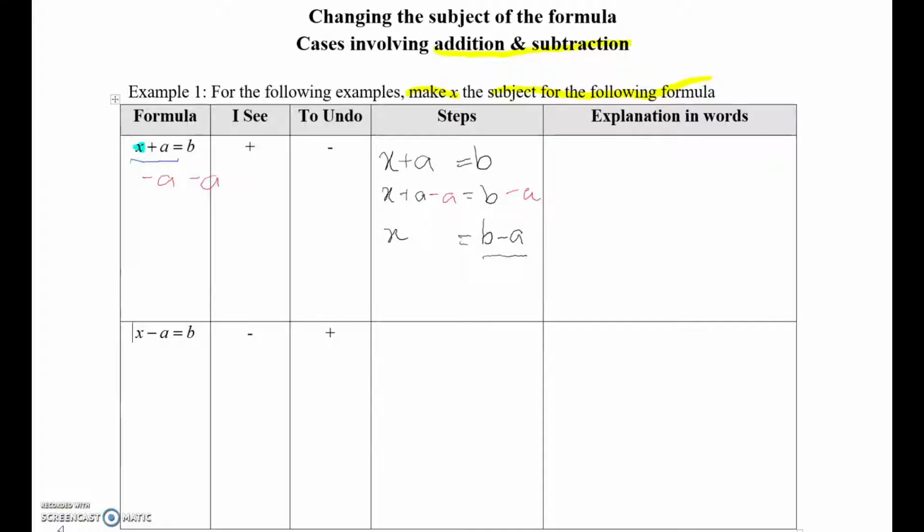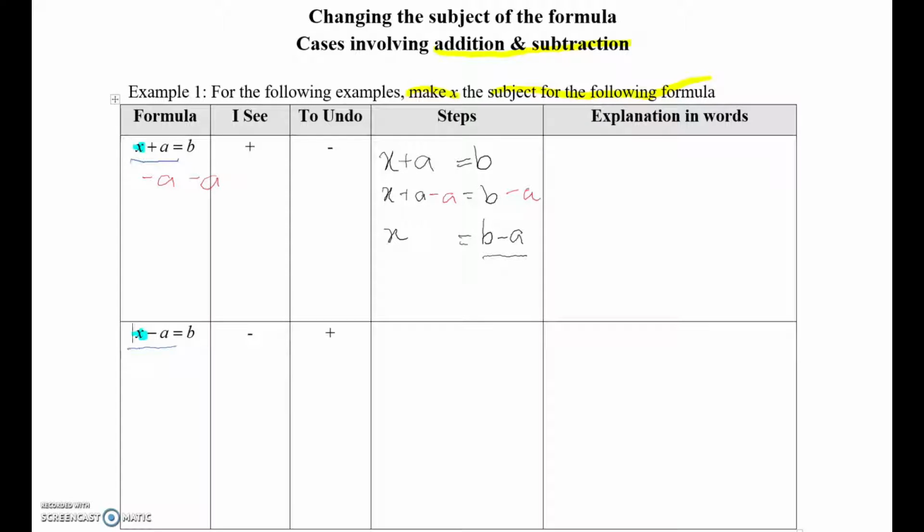For the second formula, we have x minus a equals b. Here, we notice that on the left side, we have an expression x minus a. To make x the subject of the formula, we need to remove minus a from the left.